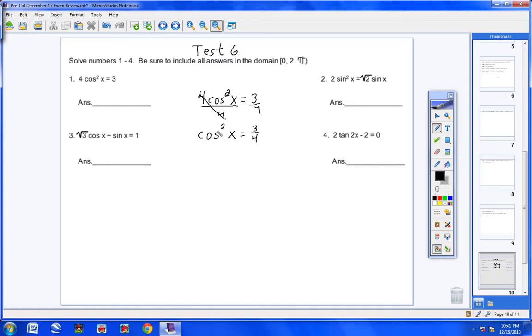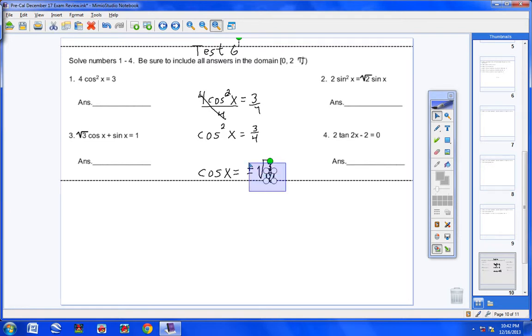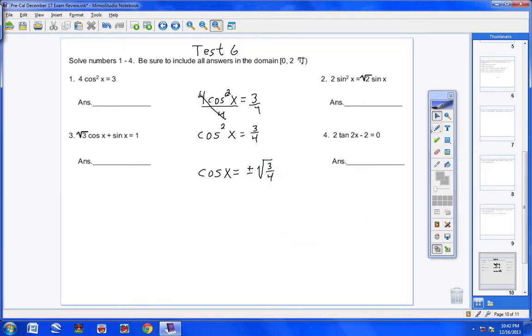Now next I want to have just cosine, so I'm going to take the square root of cosine squared. The square root of cosine squared is cosine, but if I take the square root of one side, I must take the square root of the other side, so plus minus square root of 3/4. Now we can simplify this square root of 3/4. Watch carefully what I do.